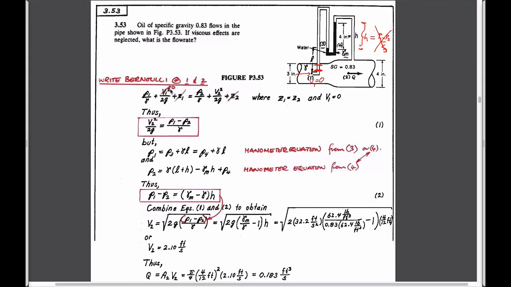Let's just go through it quickly and see what we understand about it. Let's take the middle point through here. The elevations are the same, so we don't have to worry about that, in which case we get rid of those two parts. We know that because it's stagnating at this point here, the velocity at this point has to be 0, so we get rid of this. And if that's the case, we're left with a differential between two pressures and one velocity in the system, which is this.